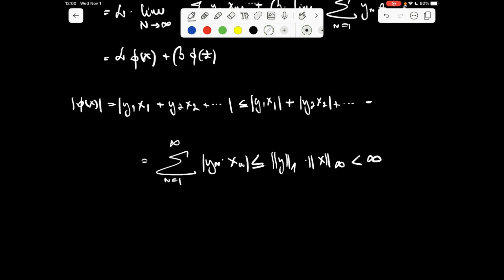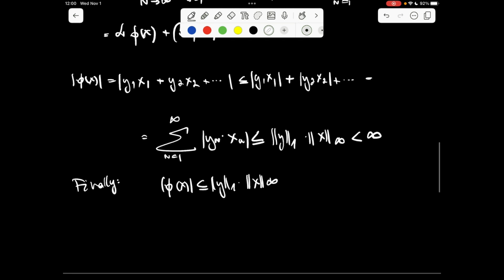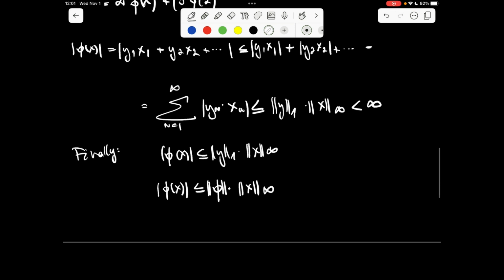So finally, we have two results. On the basis of Hölder's inequality, we have this inequality, and by the definition on page 445, it is also true. The two inequalities are very similar.